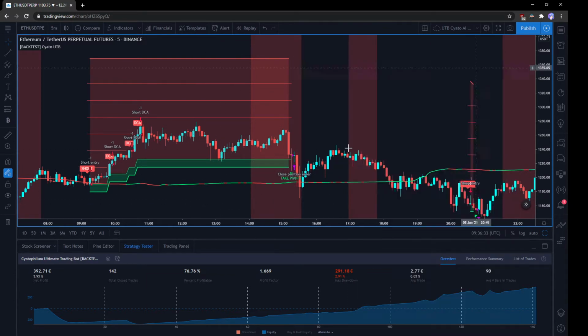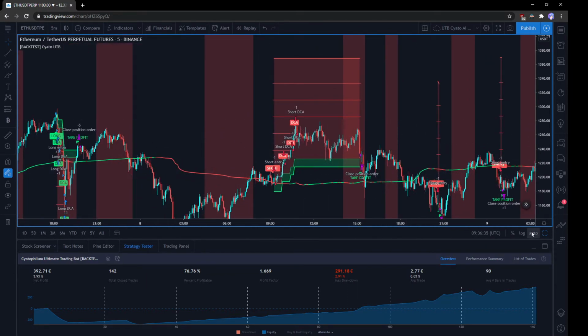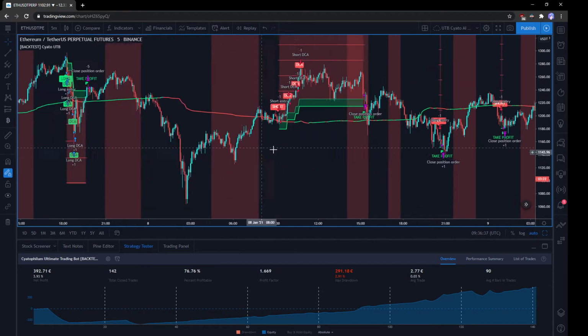So it's a great tool to take advantage of noise when scalping.